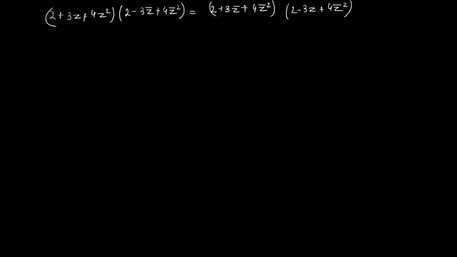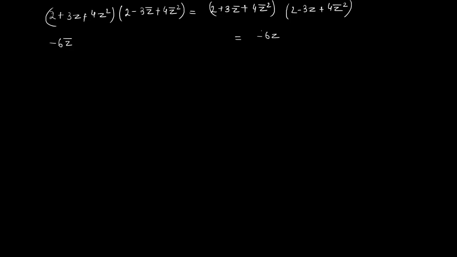Now we have to multiply this. Let me observe that 2 into 2 will be 4 and here will also be 4, so it will be cancelled, no need of writing 2 into 4. So 2 into minus 3z bar, here also 2 into minus 3z, then this term will come into consideration. So we will write here minus 6z bar, and here it will be minus 6z.